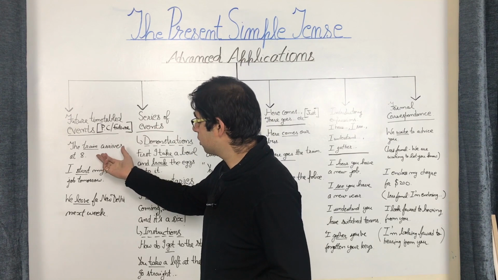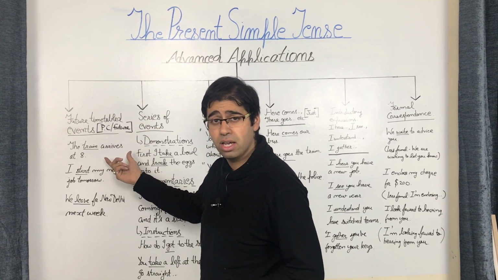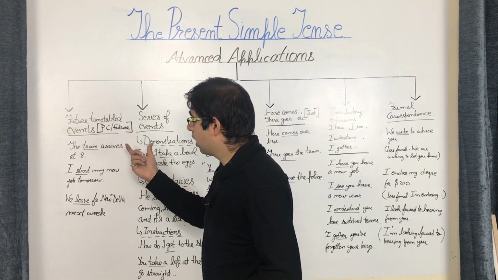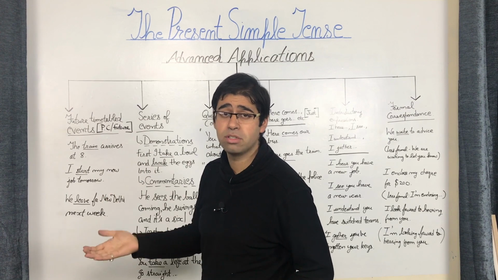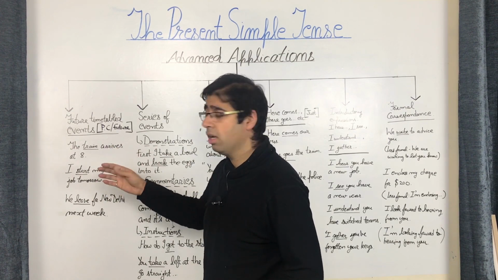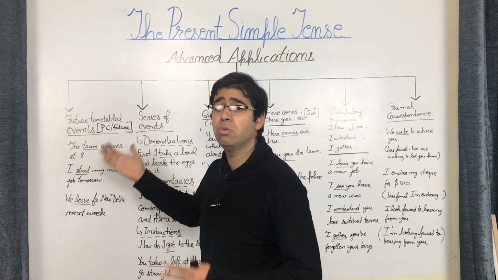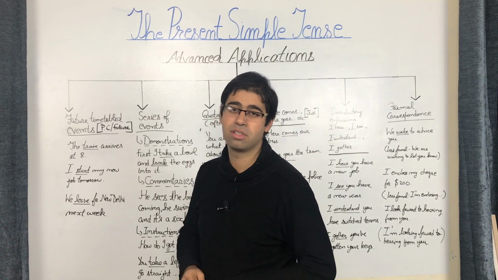So this sentence can be expressed as the train will arrive at 8. Also, the train is arriving at 8, because it's the near future, but you can also use the simple present to quite simply express it as the train arrives at 8, because mostly it's a routine too. Nonetheless, if it's going to happen very soon, you may go ahead and use a present simple there.